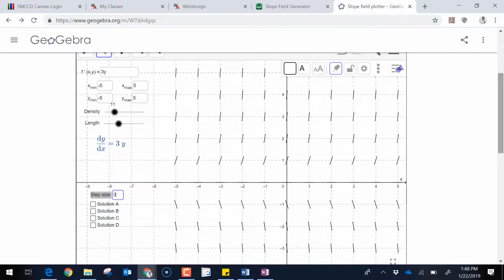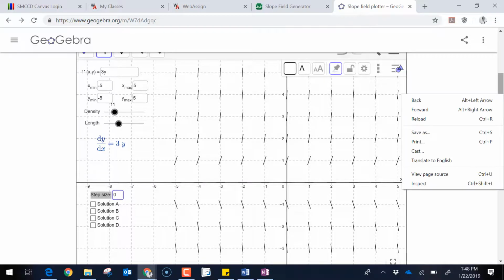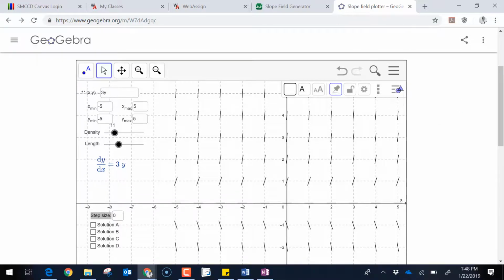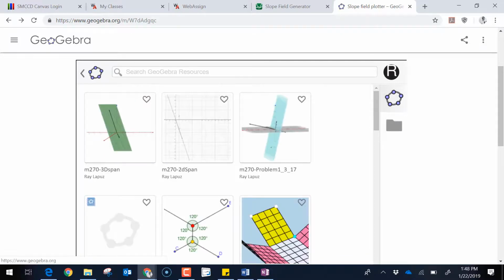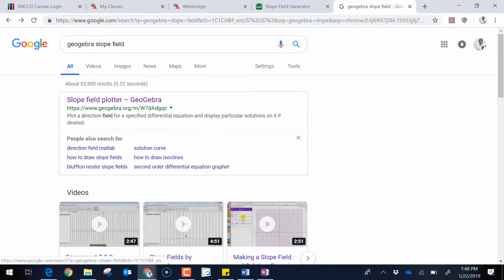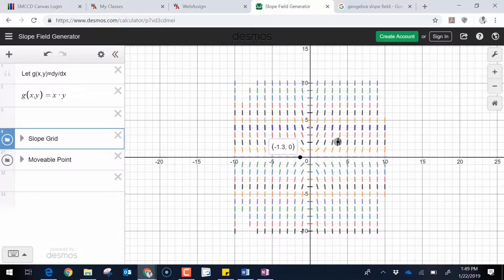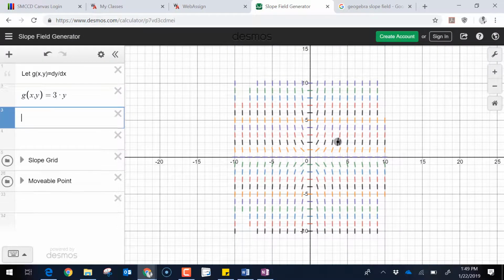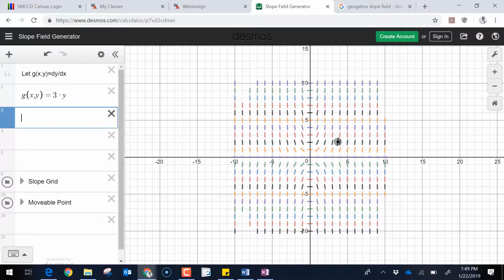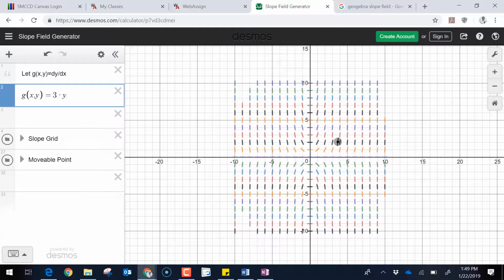And I don't know if it's best to zoom in or zoom out. Maybe we'll zoom in. It's not changing.